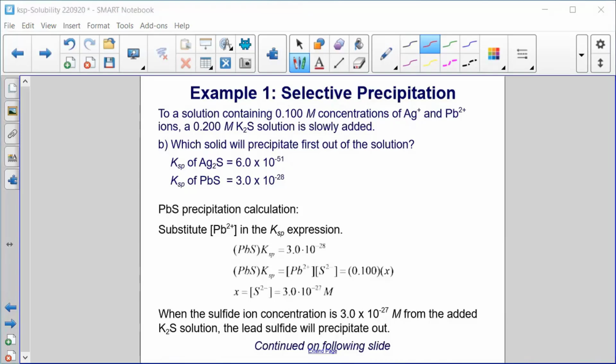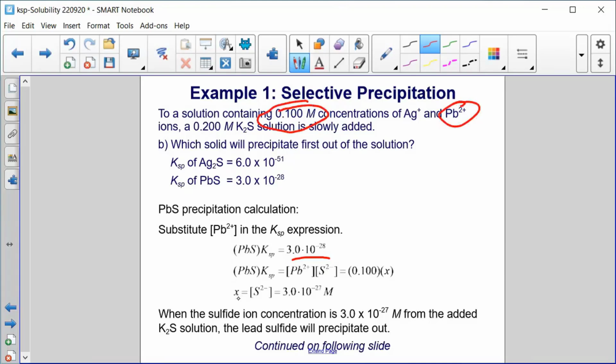All right, let's repeat this now for the lead sulfide. We're given the Ksp as 3 times 10 to the minus 28. And we know that the Ksp expression for the lead sulfide is the lead concentration times the sulfide ion concentration. Remember, we're trying to find the sulfide ion concentration. So the lead concentration is given as 0.1 molar.